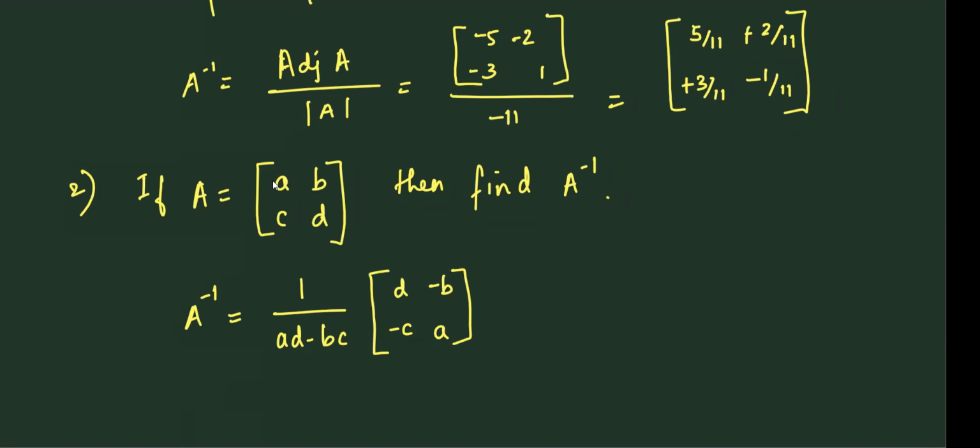So A and D get exchanged, D A, and B and C are replaced by minus B and minus C. So this is the adjoint matrix of A. So A inverse is 1 by AD minus BC times D, minus B, minus C, A. This is the standard form to remember for 2 by 2 matrices. Inverse you can very easily find out.